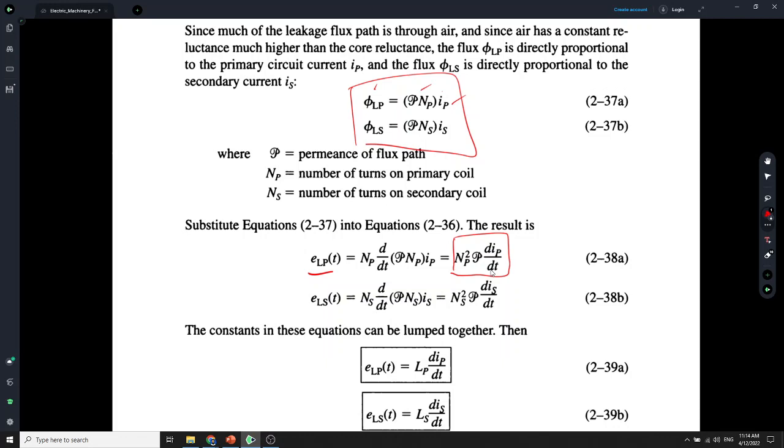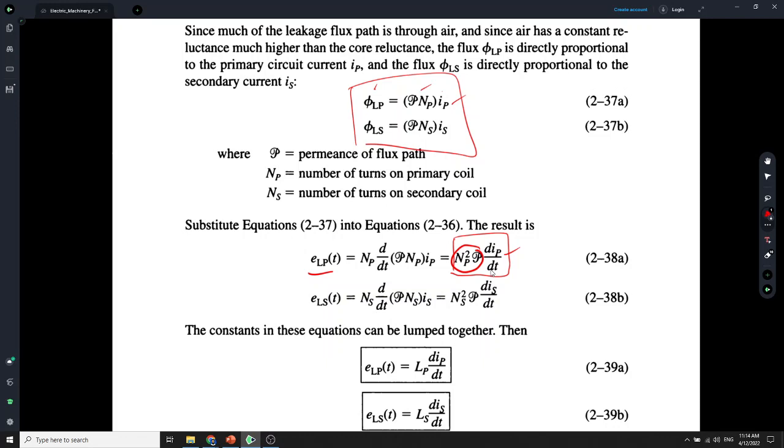From here we can see that since the induced voltage is proportional to the differentiation of the current, it will be lagging from the voltage.